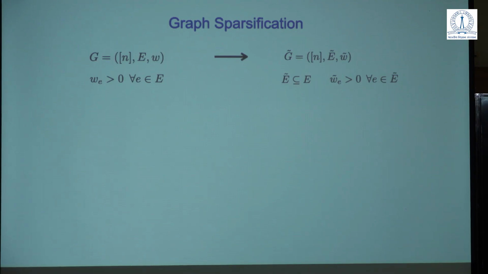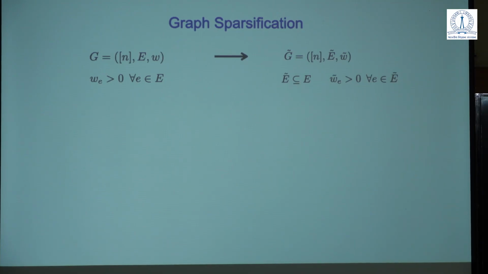And the idea of sparsification is you want to throw away some edges from this graph. So you want to keep the vertex set the same, n, but you want to change E to E tilde, where E tilde is a subset of E. So we want to throw away edges, and you're allowed to put new weights on the edges that remain.